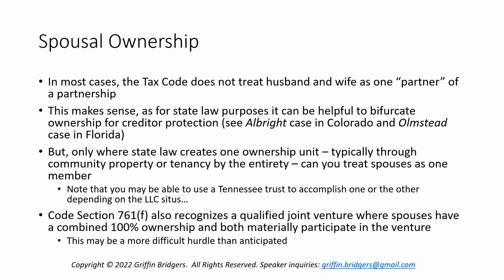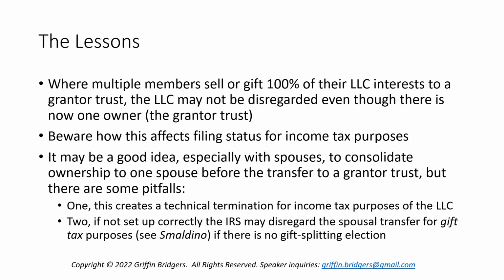So if you can't have community property or tenancy by the entirety, you have to meet this qualified joint venture and material participation standard, which may be difficult with an investment partnership that's not carrying on an active business, or with an actual business partnership or LLC where only one spouse is really participating in the day-to-day operations. So because of that, this may be a more difficult hurdle than it looks like at first glance.